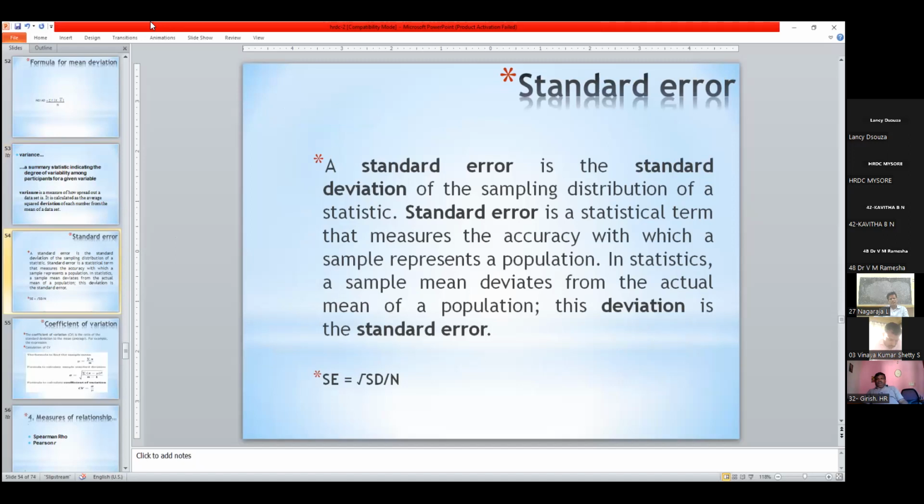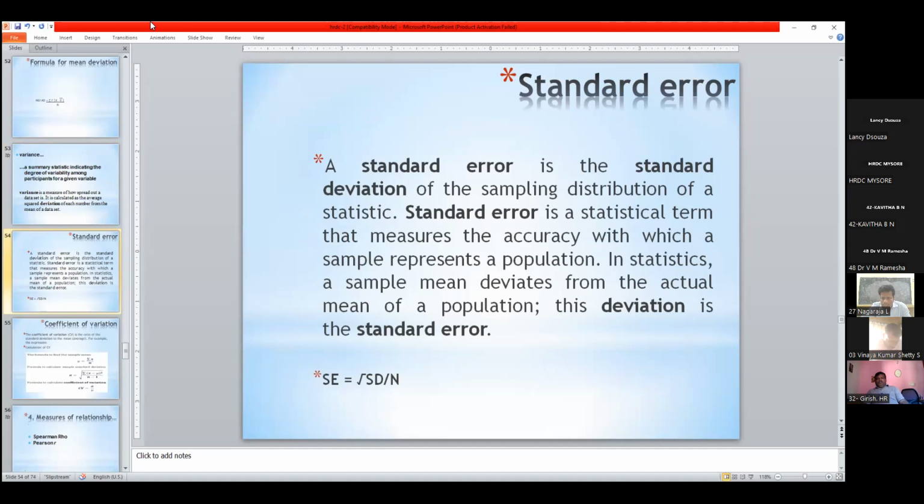Then standard error, as I said in the introduction. In statistics, a sample mean deviates from the actual mean of a population, and this deviation is the standard error. Now, as I said, if standard deviation gives the variability of the sample which you have selected, the same variability can be extended to the population by using standard error.